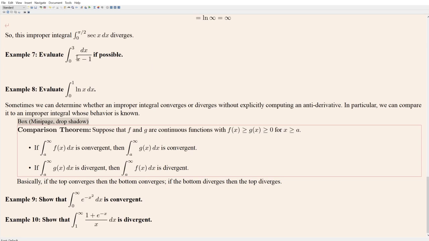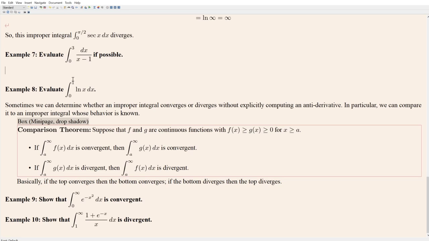Okay, so what is the problem with this one? Well, this guy has a vertical asymptote at x equals 1, and wouldn't you know it, 1 is inside the interval that we're trying to integrate over. So the problem occurs because we are trying to integrate over an asymptote at x equals 1.